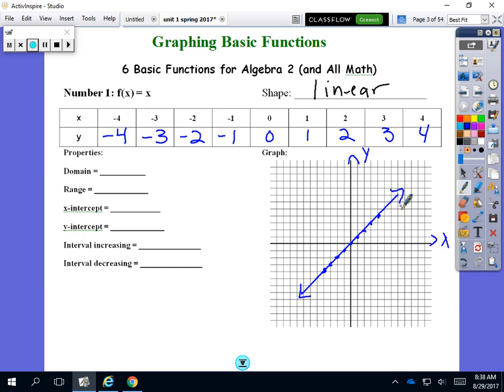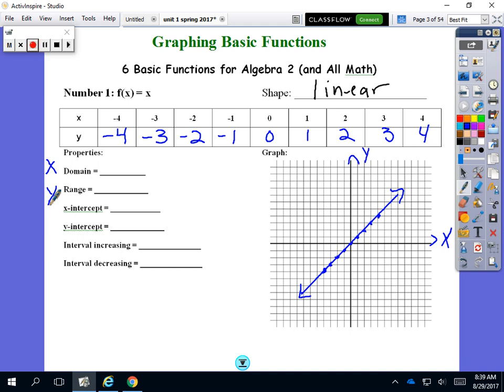Now, if you remember from your earlier math courses, the domain and range are all the x values and all the y values that are possible for that function. In this function, we're looking at the complete function. We're not just looking at a small set of x values, a small set of y values. So for any value of x, is it possible to have any value of y?